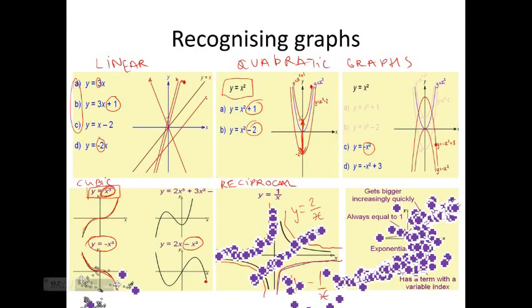Okay, so let's have a look at an exam question, which is the next thing on your handout. So here are 3 graphs, A, B, and C. Here are 4 equations of graphs. We want to match each graph to the correct equation.